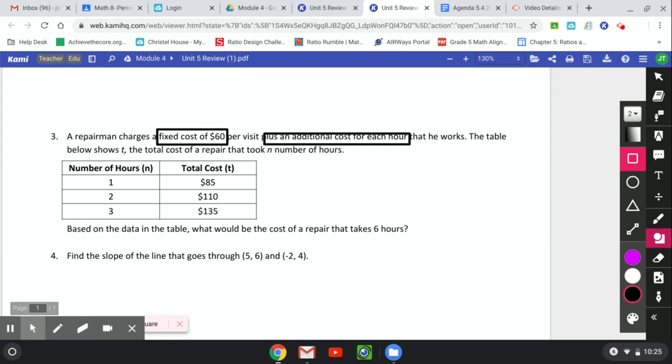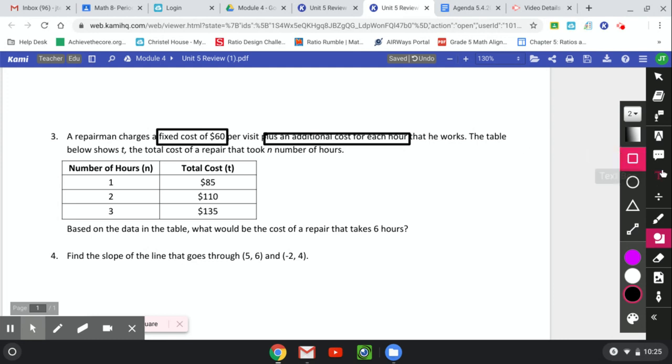And so we can do several things with this. We can go ahead and find our slope, but that's not going to be the only thing that's going to support us in this particular problem, because we have to find the constant. We have to find what is the slope.